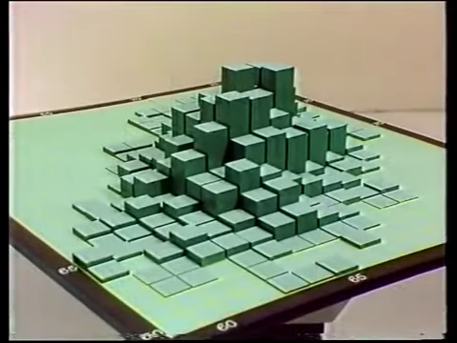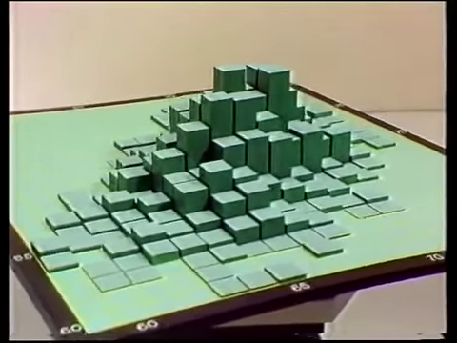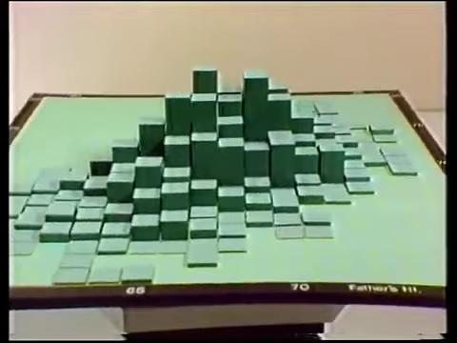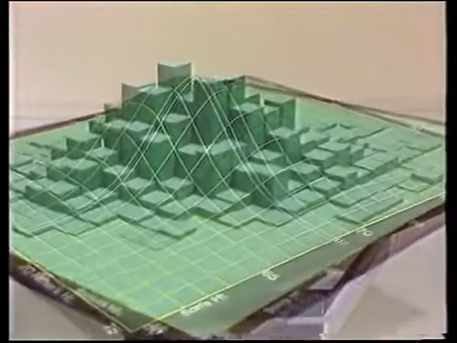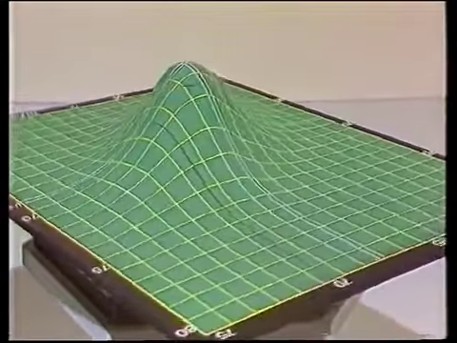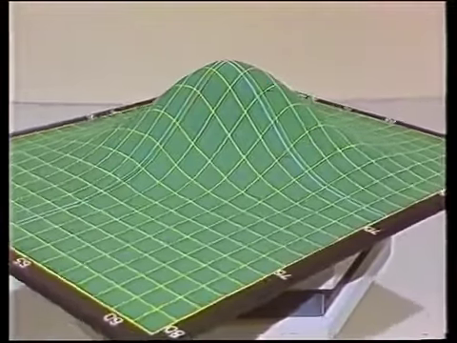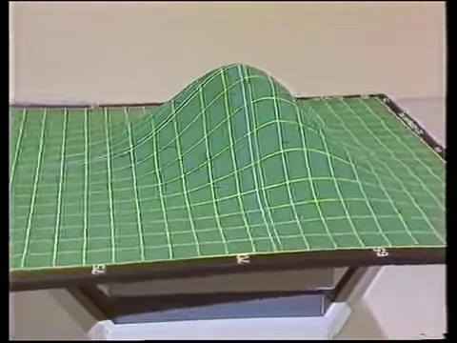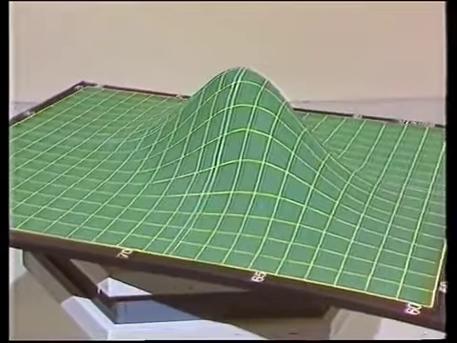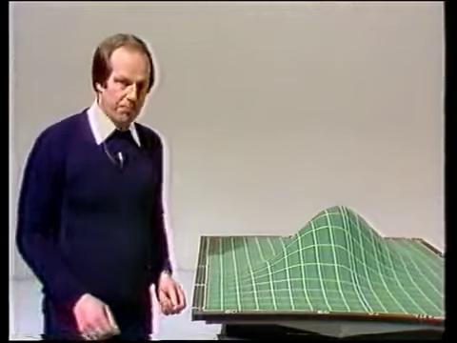Now, the overall shape of this model suggests that it might be reasonable to assume the observations are drawn from a bivariate normal distribution. Let's have a look at that. Here we are.